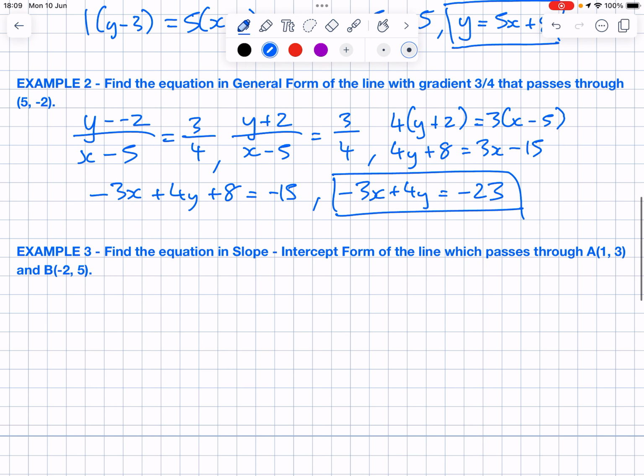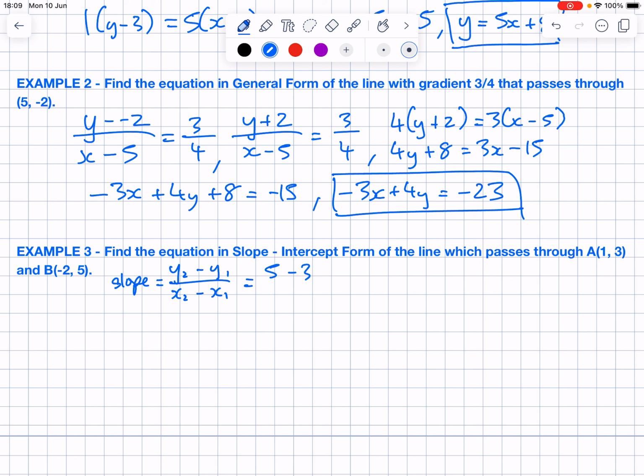Sorry. And lastly, find the equation in slope-intercept form of the line which passes through A (1, 3) and B (-2, 5). So use the slope formula: y2 take y1 over x2 take x1. Y2 is 5.